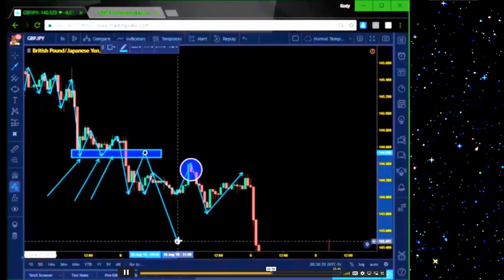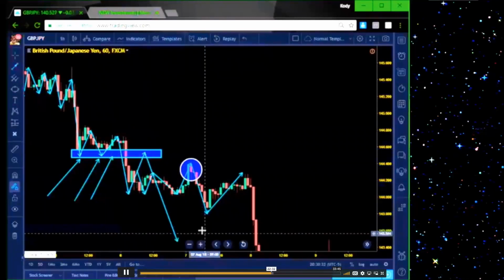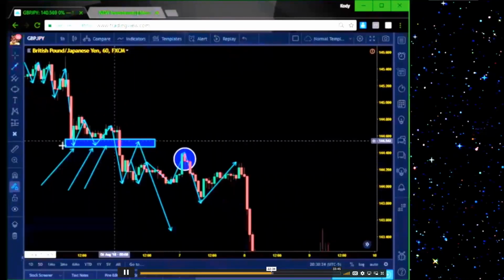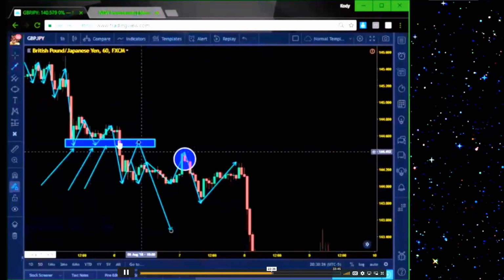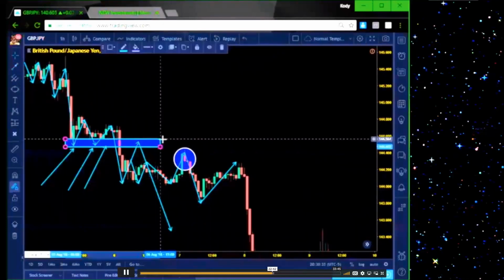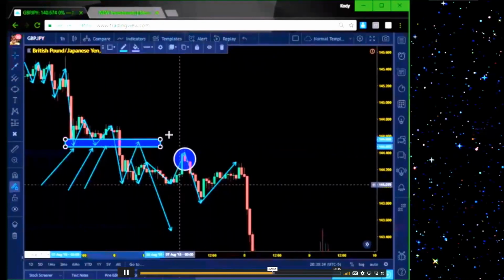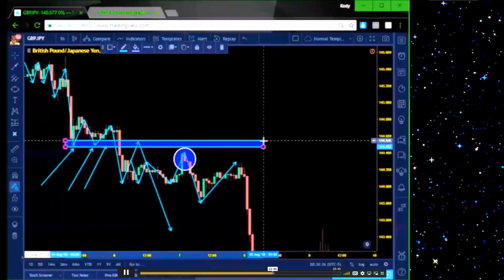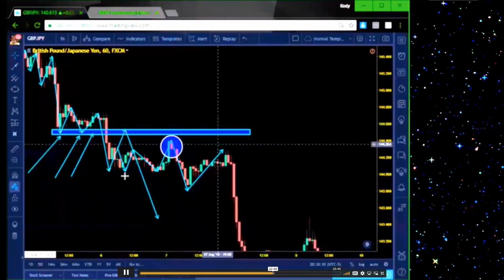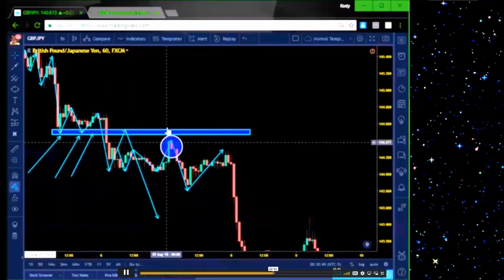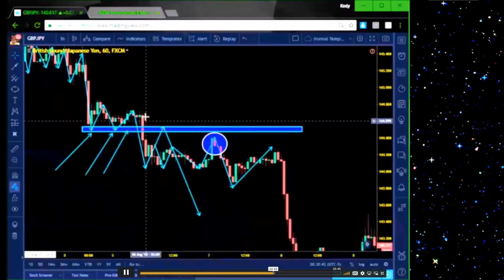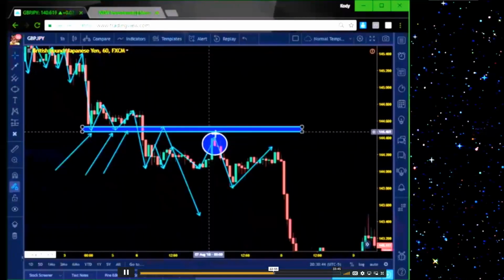That's its favorite thing to do. So this whole time I'm watching for this, and I'm not going to buy. Even if structure did break and sustain right here, I'm probably not going to buy until I see what happens here. This can help you not get whipsawed. Do you see how crisp this break and retest of the recent swing was? It's beautiful.